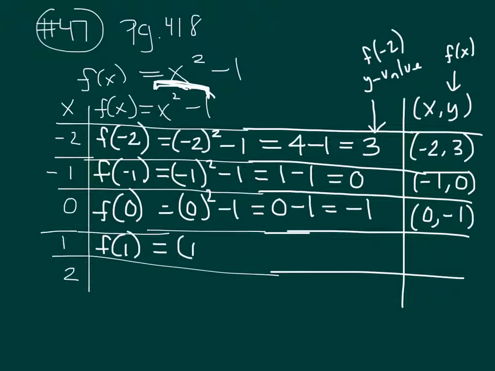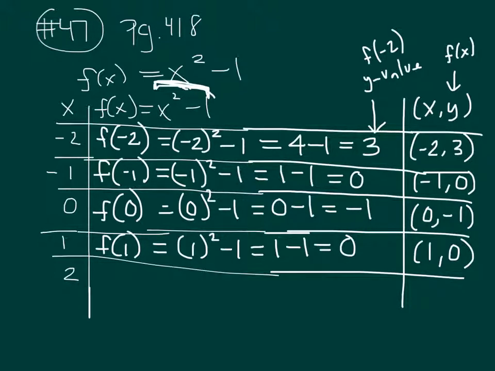So that's 1 squared minus 1. And again, I really want to emphasize when you input your value, you have to put parentheses. And we have 1 squared is 1 times 1, which is 1 minus 1, which is 0. So if x is 1, y is 0.